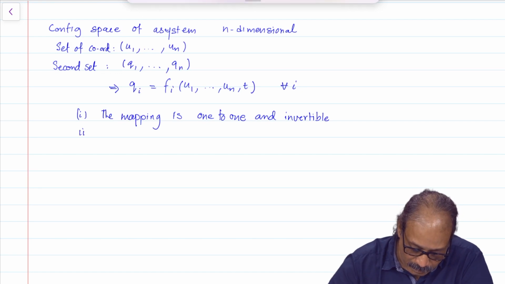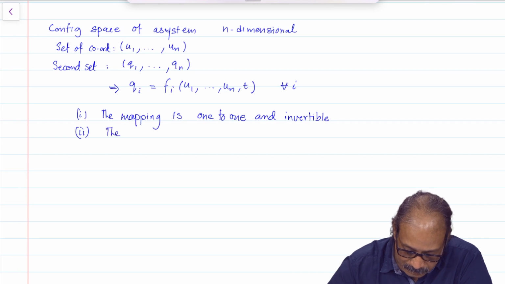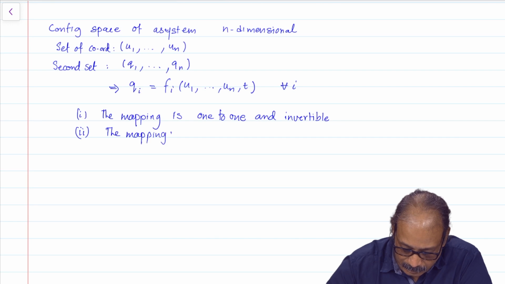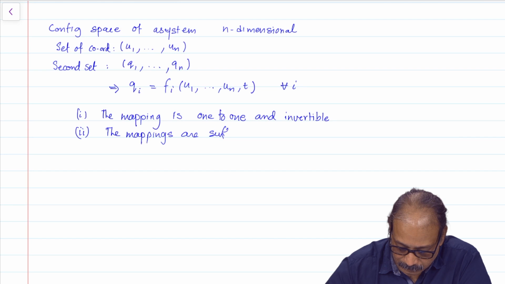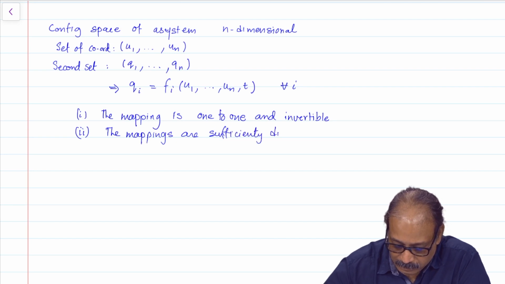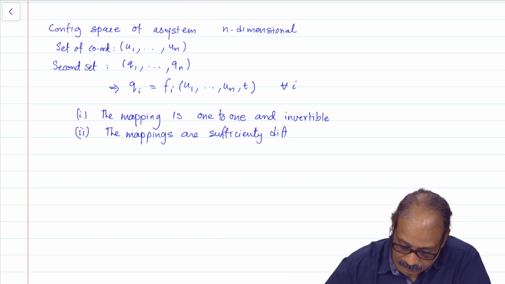Also, we will insist that the mappings or the transformation functions are sufficiently differentiable, that is, they are smooth functions.